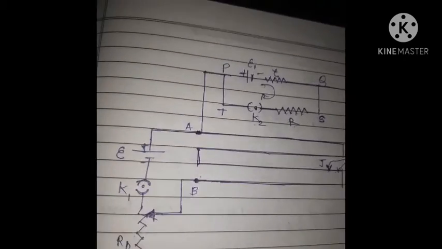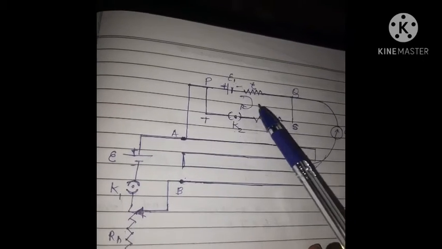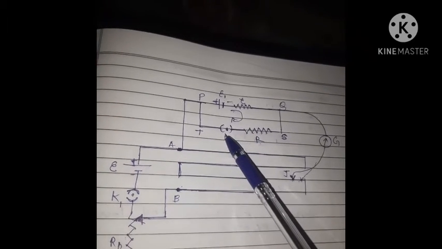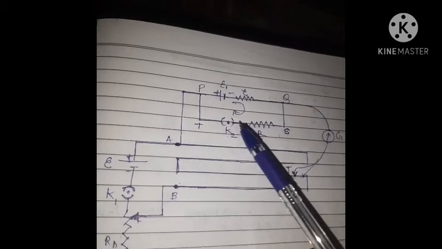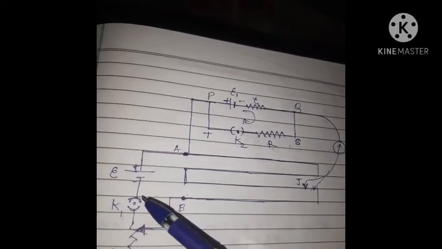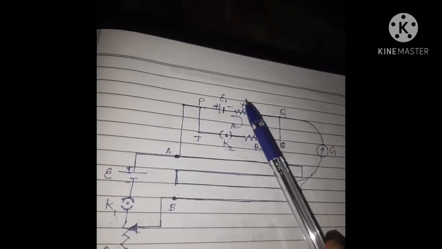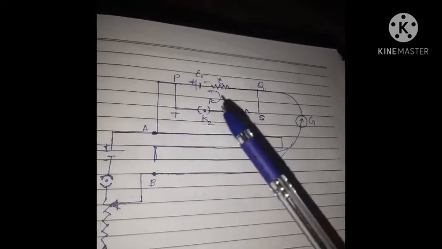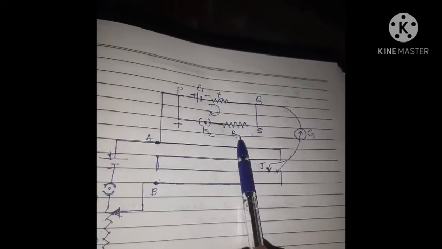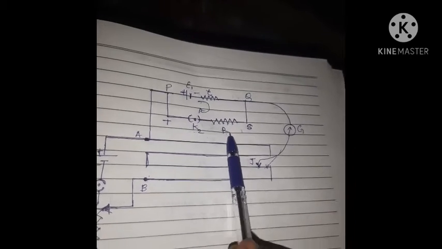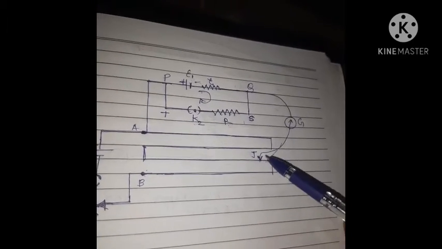Now both the keys K1 and K2 are kept closed, so that the circuit consists of cell E, E1 and resistance box as well as galvanometer and jockey.